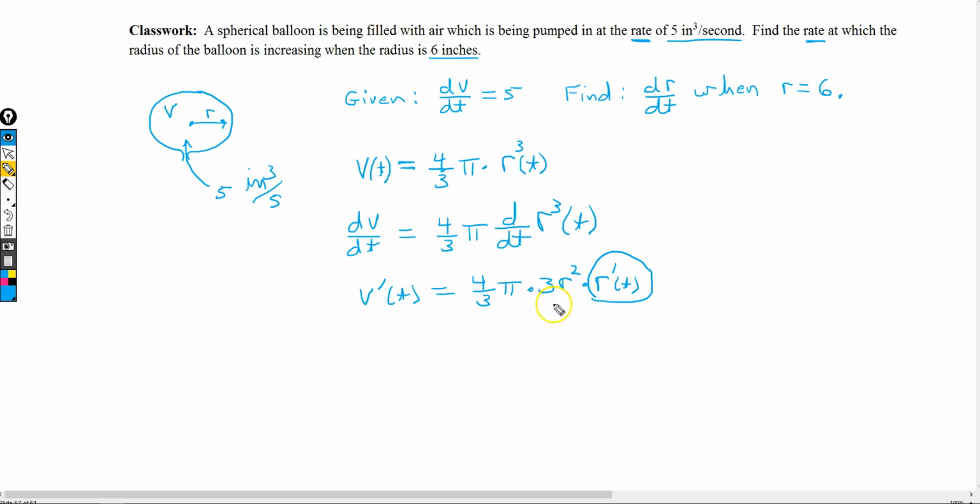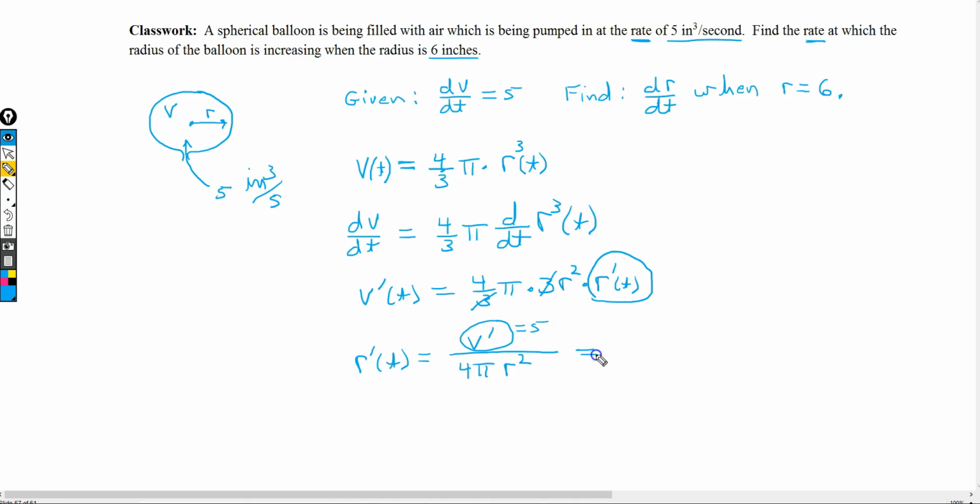So we'll just take all of this and divide it to the other side, and we end up with, let's see, notice one thing here, the 3's actually cancel, that's nice. And then we need to find r prime when r is 6. Let's also notice the V prime, dV/dt, we're given that that's 5, so we can replace this right here with a 5.